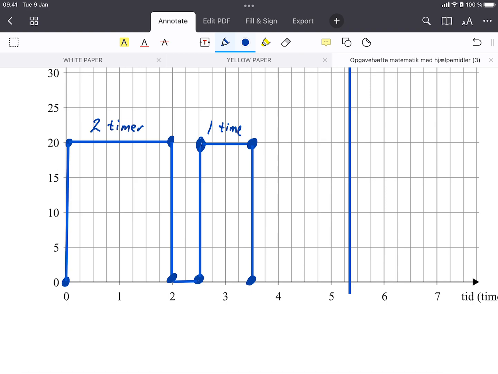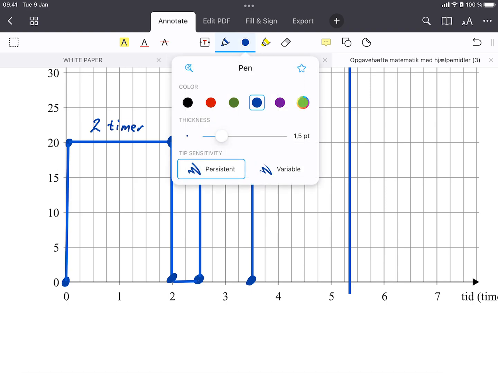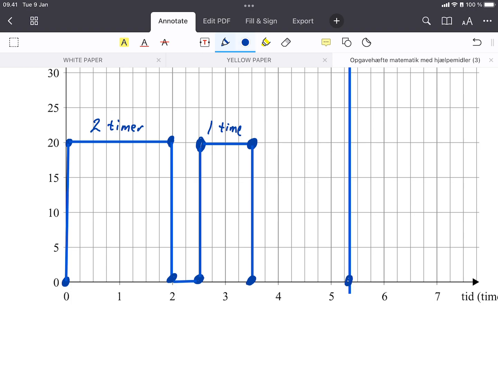So let's just have the end of the journey there. So they're going to finish at 0 speed. And well, let's say that 4 of these blocks and that little bit on the end is approximately 1 hour and 8 minutes.